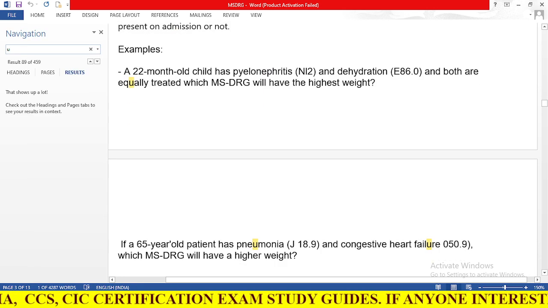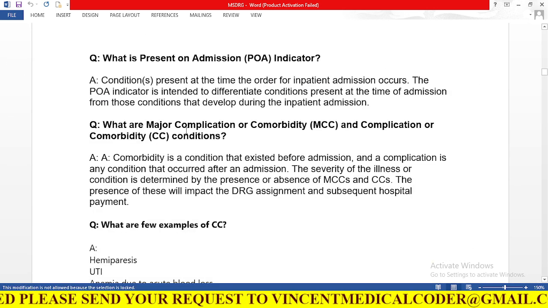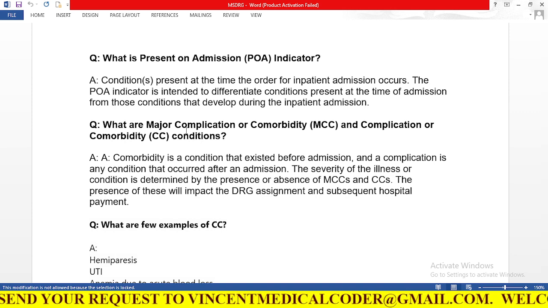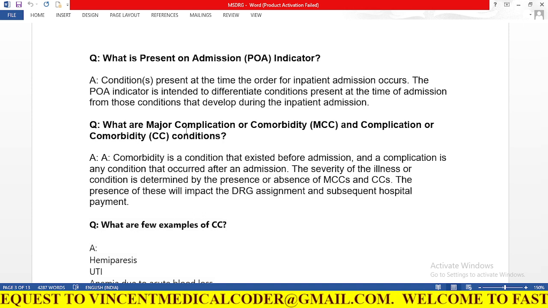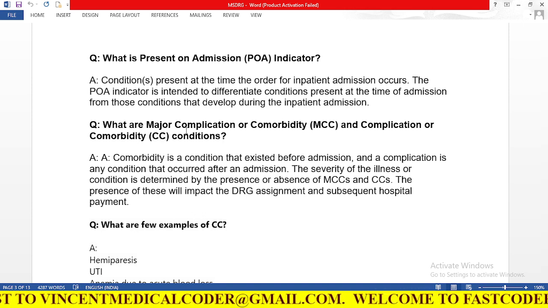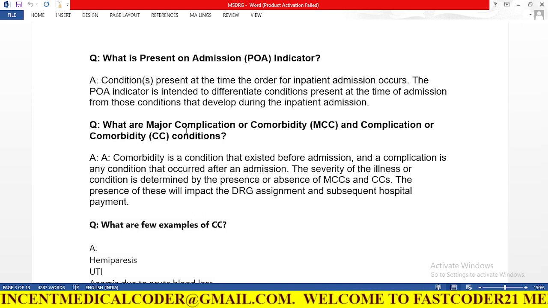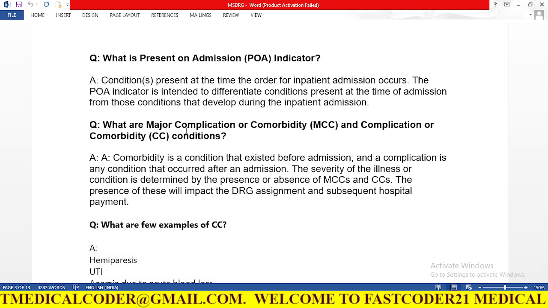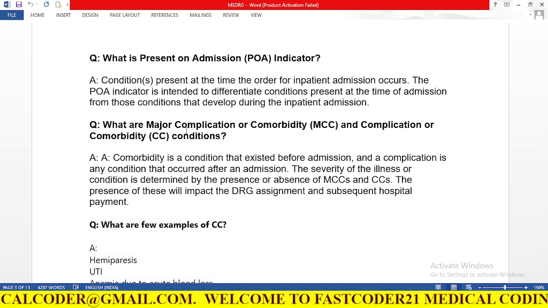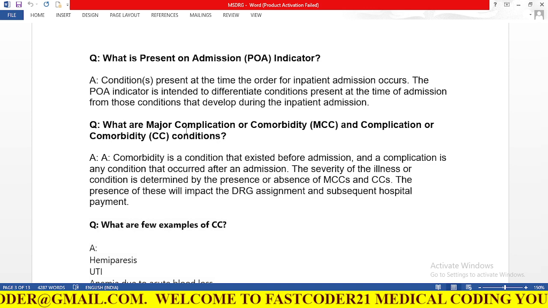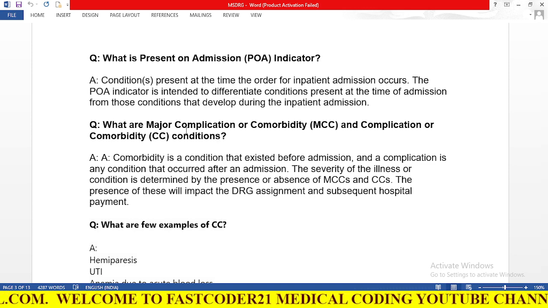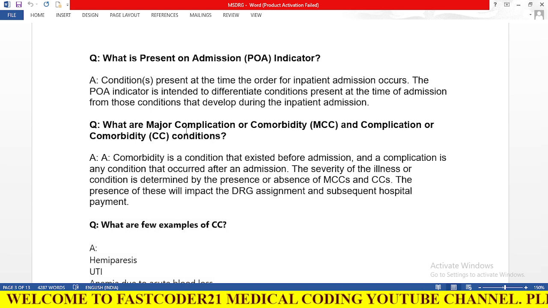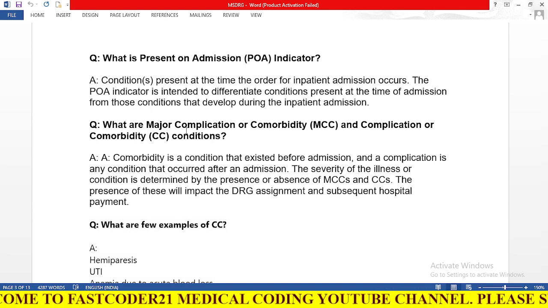Next one, what is the present on admission indicator? Usually we call it the POA indicator. It applies to a condition or conditions present at the time the order for inpatient admission occurs. So in order to apply the POA indicator, that condition must be present at the time of inpatient admission.